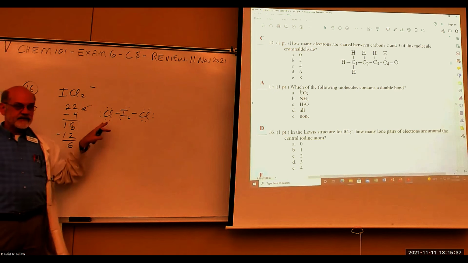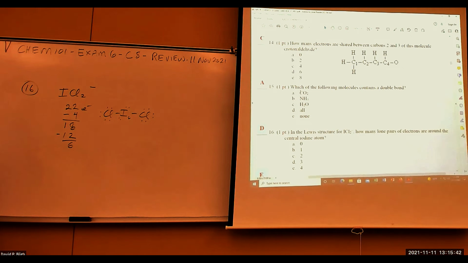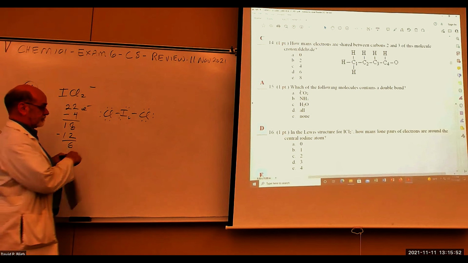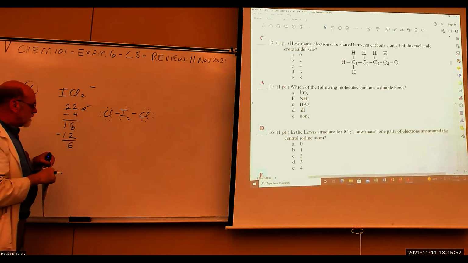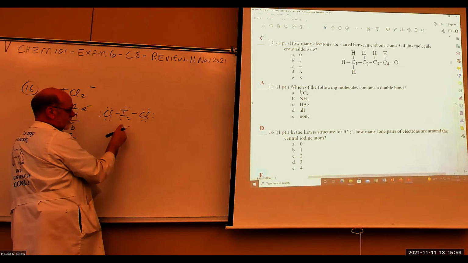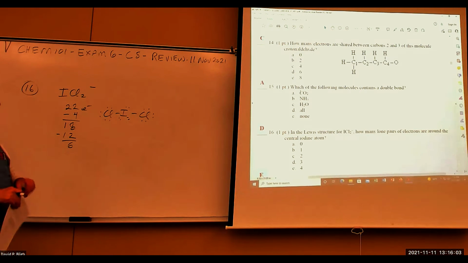Now, they both have access to d orbitals, but iodine has access to 5d, and chlorine only has 3d. Okay, so this has got an octet, that's got an octet, and iodine has more than an octet.